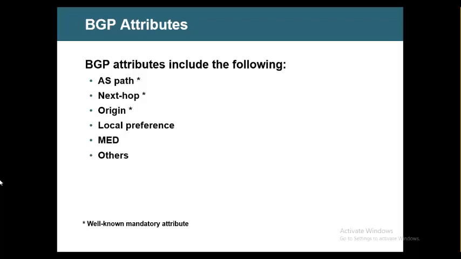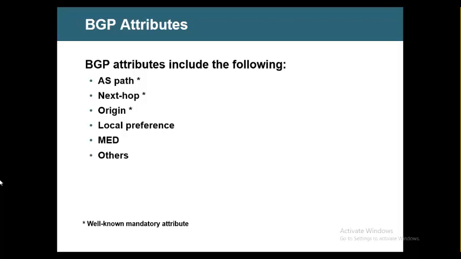AS path means what? When a route is advertised from one BGP autonomous system to another autonomous system, the advertising autonomous system will put its autonomous system number and forward the update to the next autonomous system.